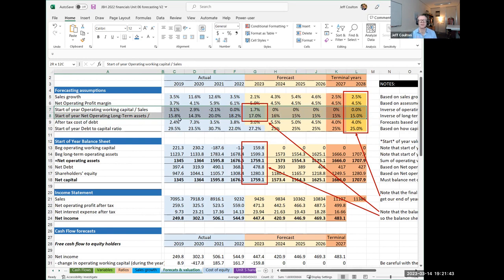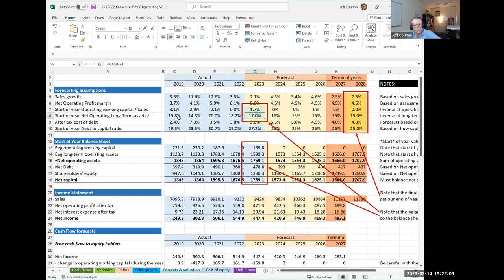And the way to think about this, rather than asset turnover of 7 or 8, is I'm now saying for each additional dollar of sales, I need 17 cents worth of investment in operating long-term assets, or I don't need any working cap because working cap stays about 0. So this is saying for each dollar of sales, what's the percentage number that I need in long-term and short-term assets? That forecast, given sales, then allows me to forecast these balance sheet numbers.